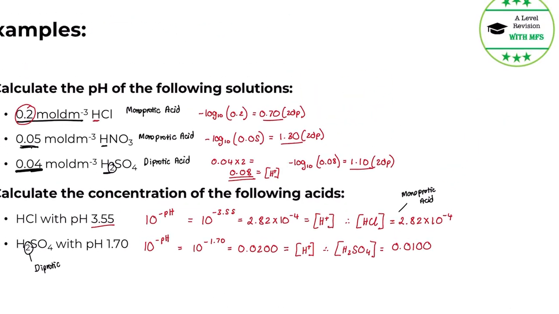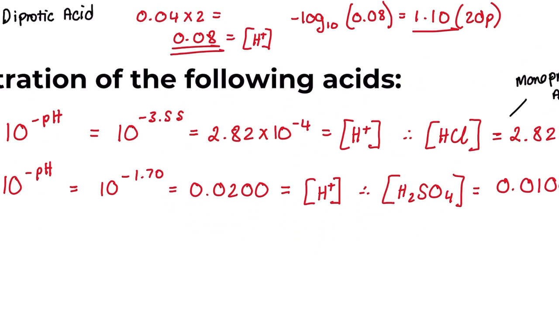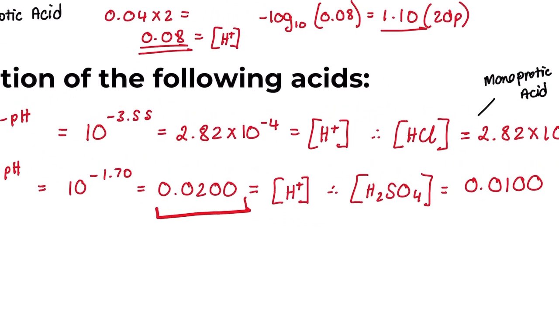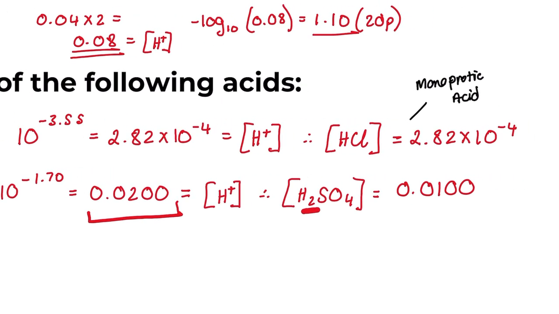The concentration of the hydrogen ions is 0.0200. And because it's a diprotic acid, that means we would have doubled the concentration of the acid in the first place anyway, because we had 2 hydrogen ions. Therefore, to work out the original concentration of the acid, we would have to halve this value, and that would get us 0.0100.